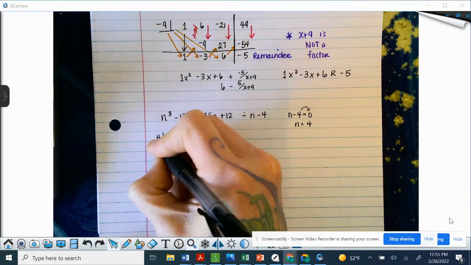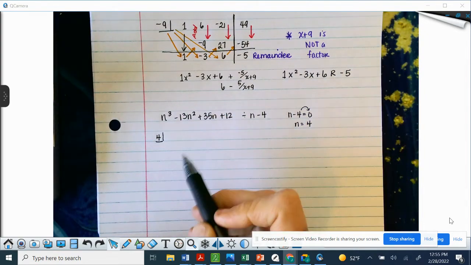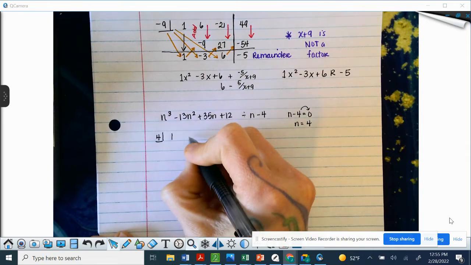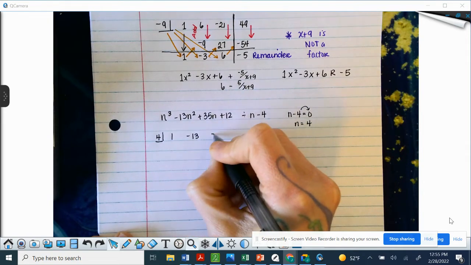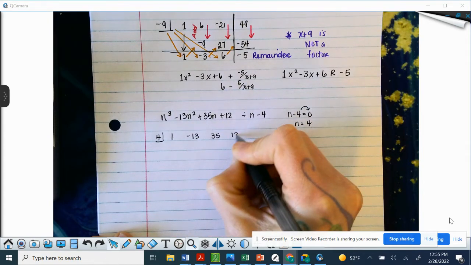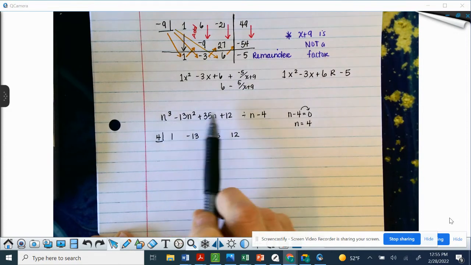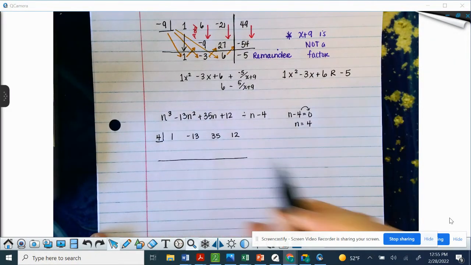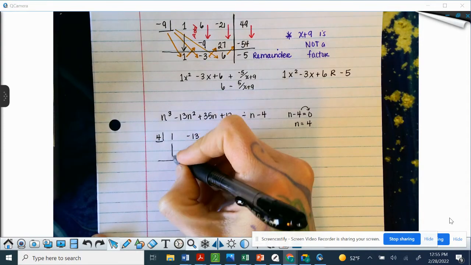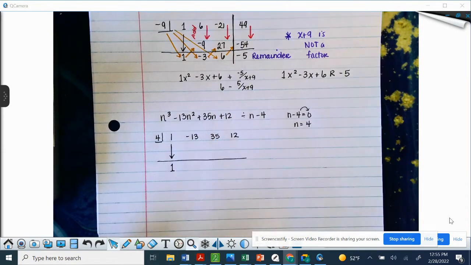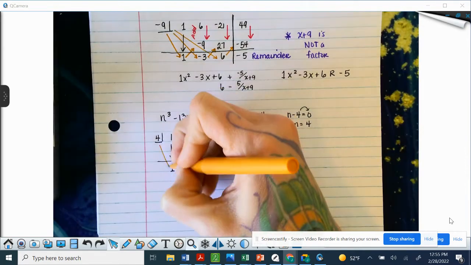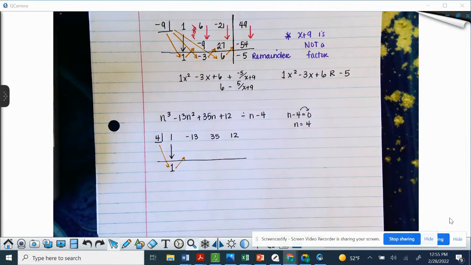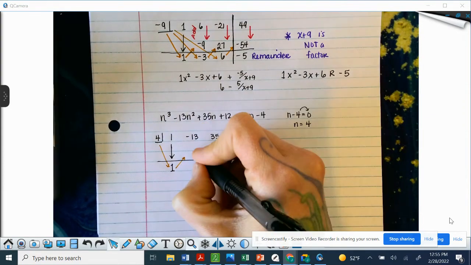4 in my box. Pull down my leading coefficients. So 1, negative 13, 35, and 12. And again, 3, 2, 1, none. So we're good. There didn't need to be a space holder. First number always falls down. It is not always a 1. It just happens to be in these two examples. So we're going to take our 4. Bouncy ball. It's going to multiply. So 4 times 1 is 4.